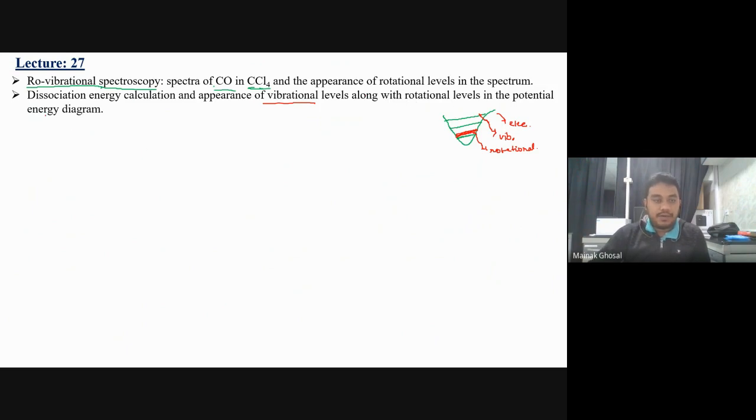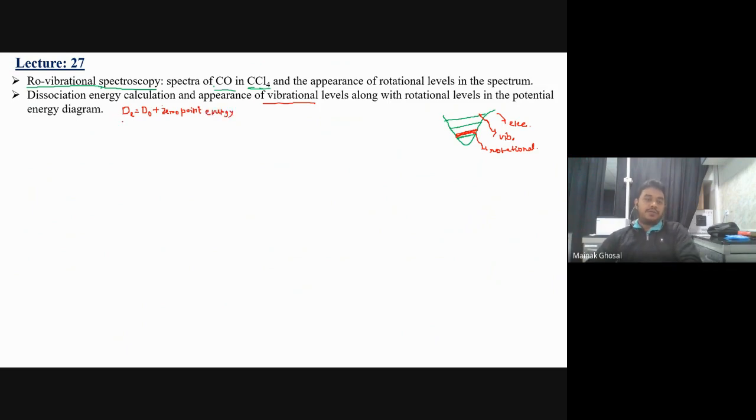What about the dissociation energy? It was shown that the true dissociation energy, the equilibrium dissociation energy, should be followed by the dissociation energy plus a term called the zero point energy, and this term is not zero.